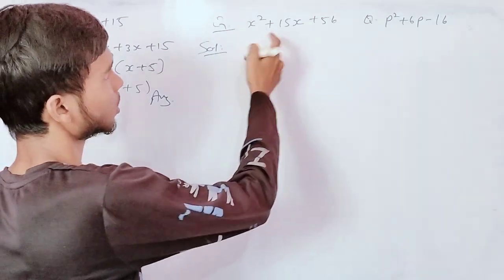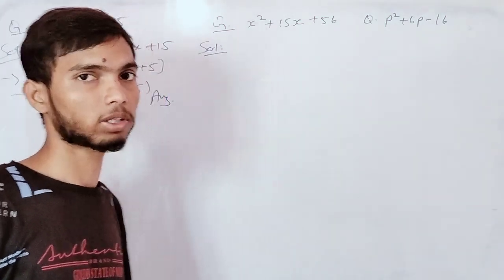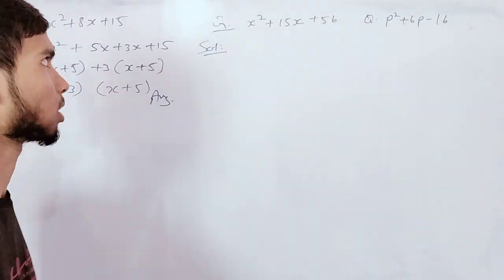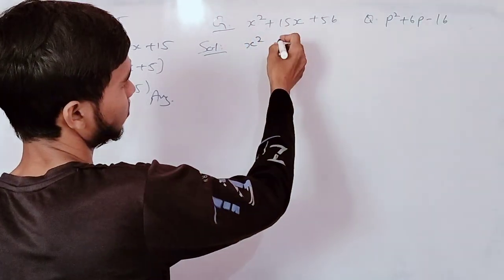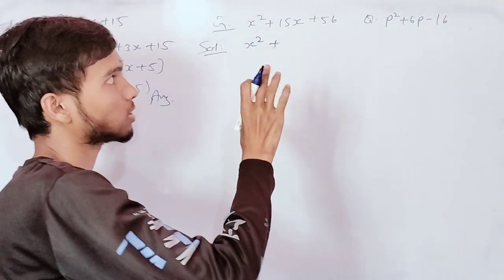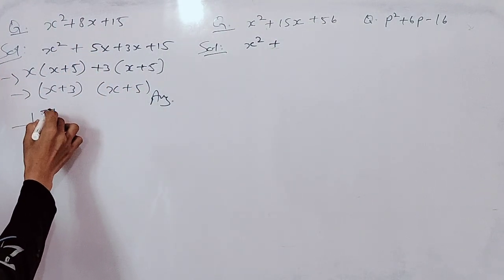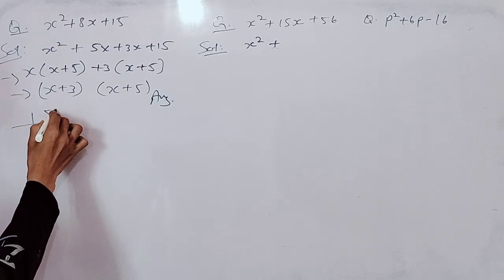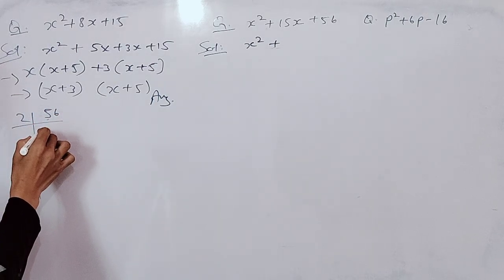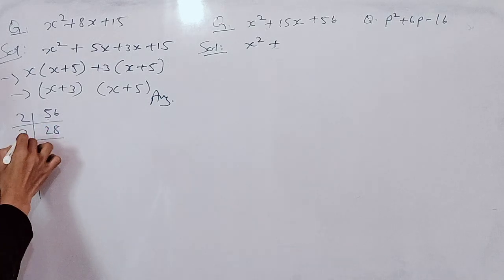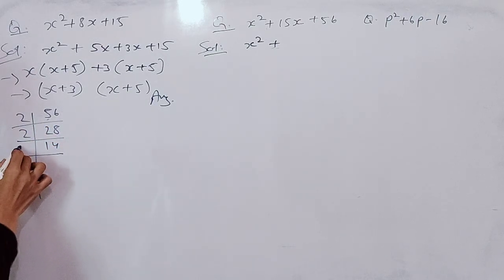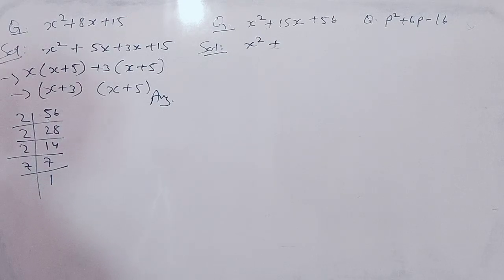Now next, here x square is the perfect square of x, but 56 is not a perfect square of any number. x square plus 15x plus 56. Two twos are 4, four twos are 8, 8 plus 7 is 15.